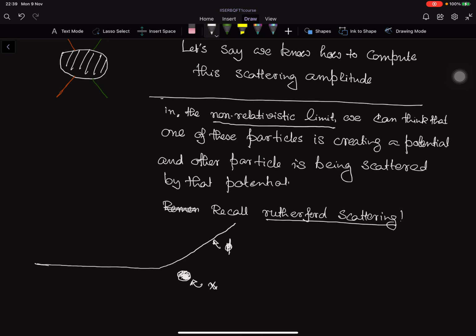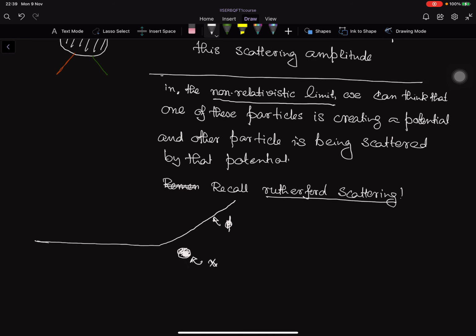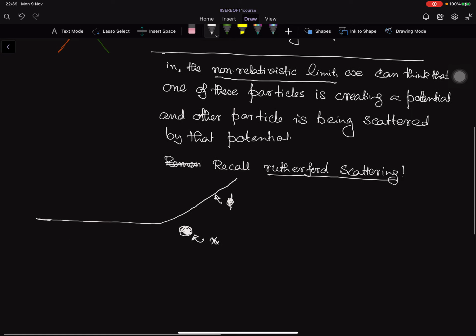To be very precise, we would have to deal with fermionic particles, but we are just considering a simpler setup where we scatter some scalar particles.